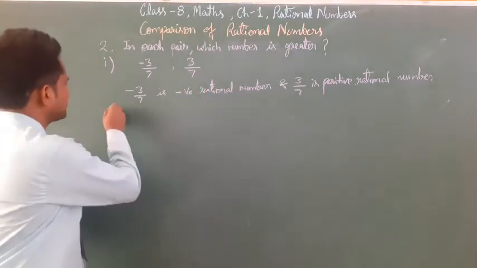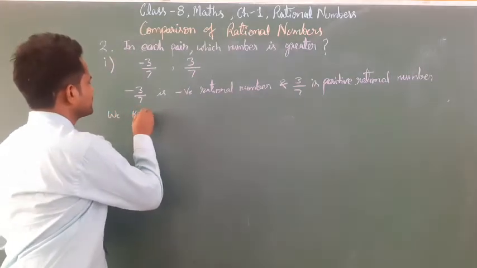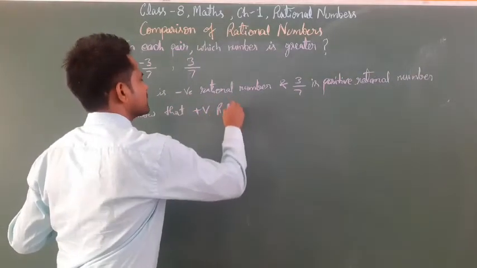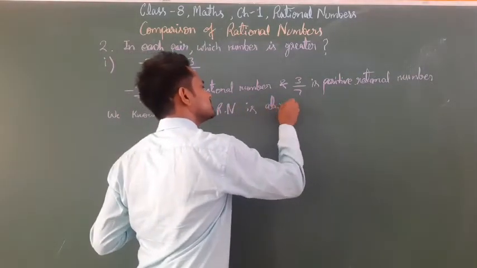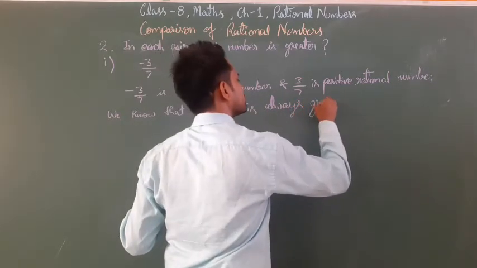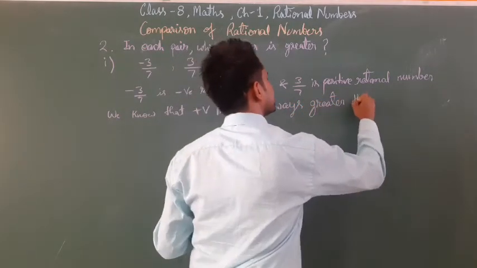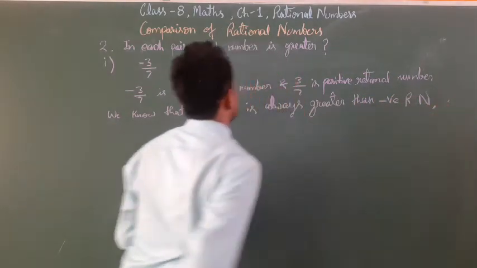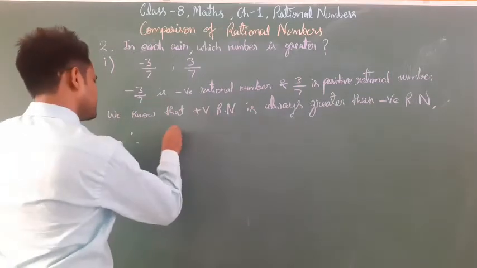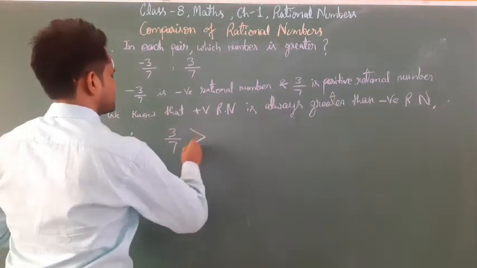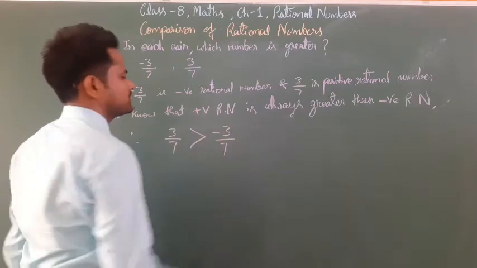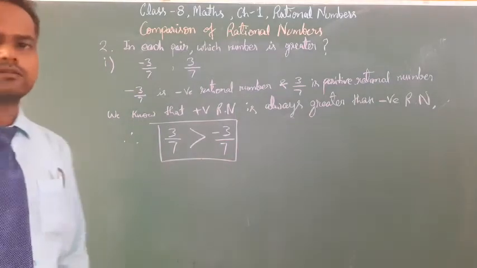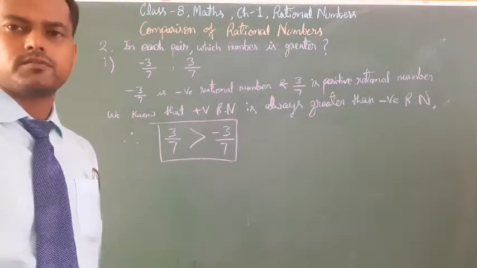So that's why we know that a positive rational number is always greater than a negative rational number. That's why 3 by 7 is greater than minus 3 by 7. Got it? Note it down.